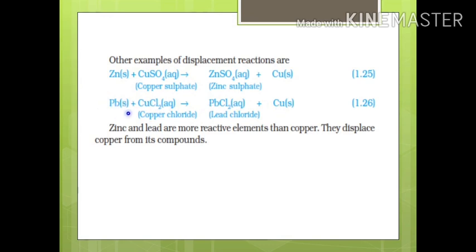Again, Pb, lead, is more reactive than copper, so copper will be displaced by the more reactive lead. Instead of copper chloride, lead chloride will be formed. Zinc and lead are more reactive elements than copper, so they displace the copper from its compounds.